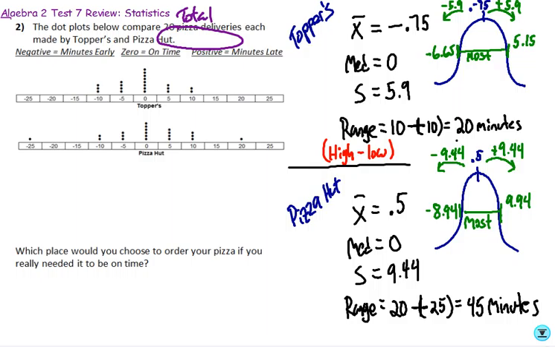Well, we could say that Toppers, on average, they were about a minute early.